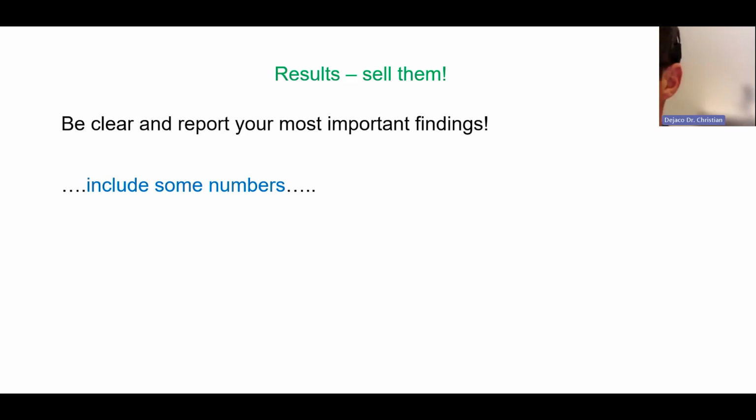So, if you make a description of the results, like treatment A was superior to placebo group in the majority of patients and blah, blah, blah. So that means when you keep it only vague without including any clear numbers, then the reviewer really cannot imagine how the study was conducted and whether it's a good or a bad study.